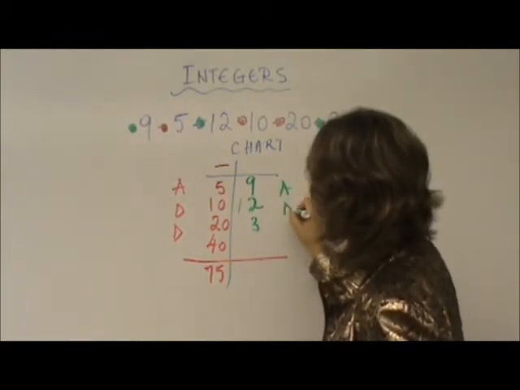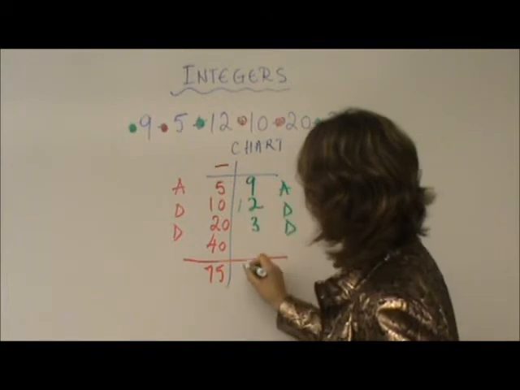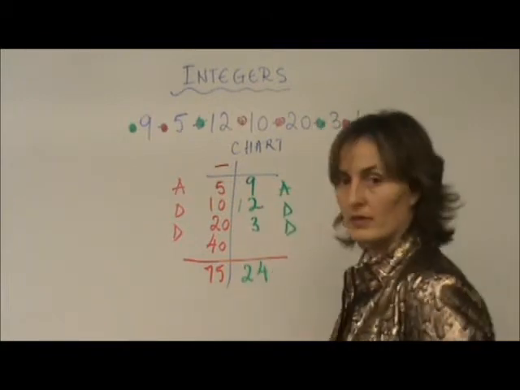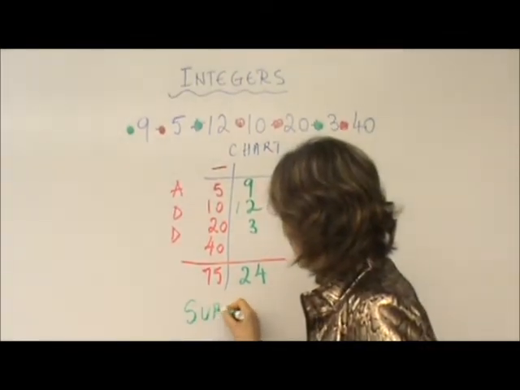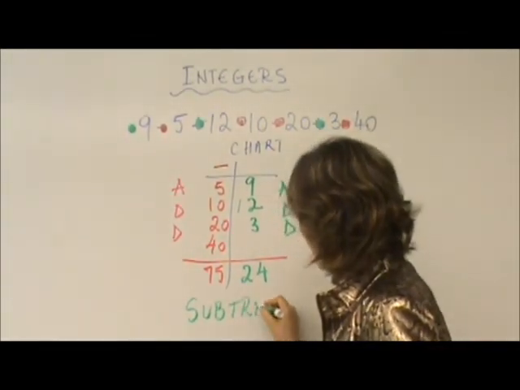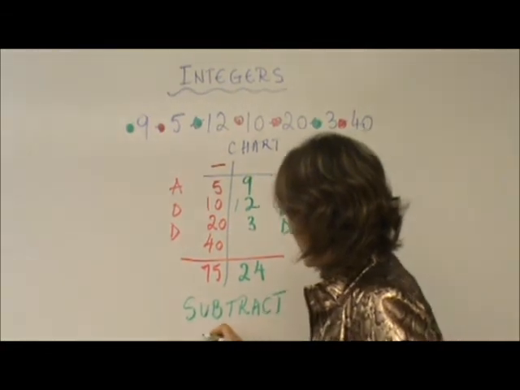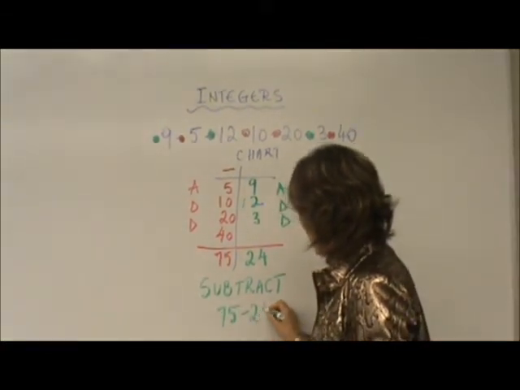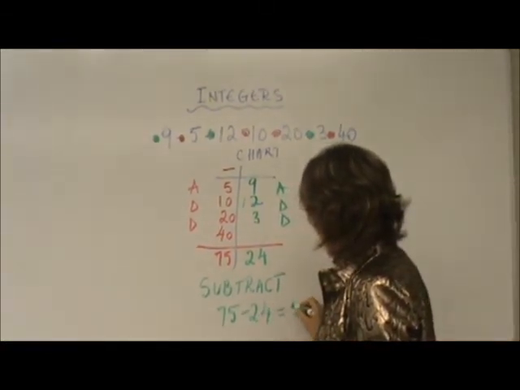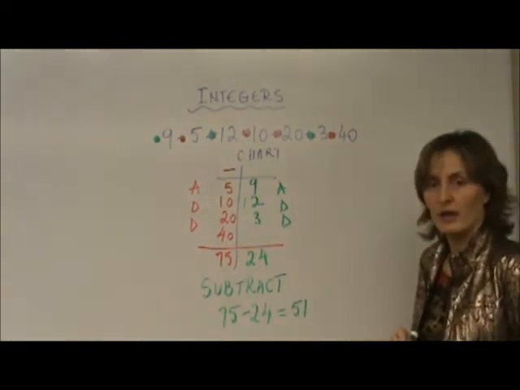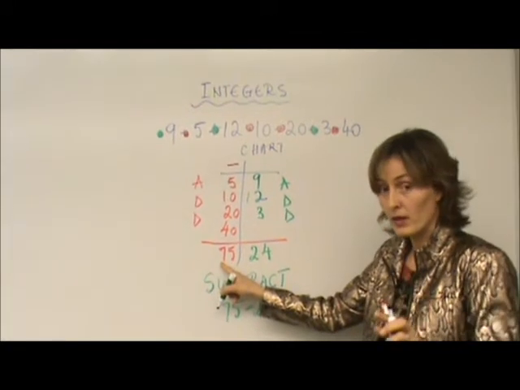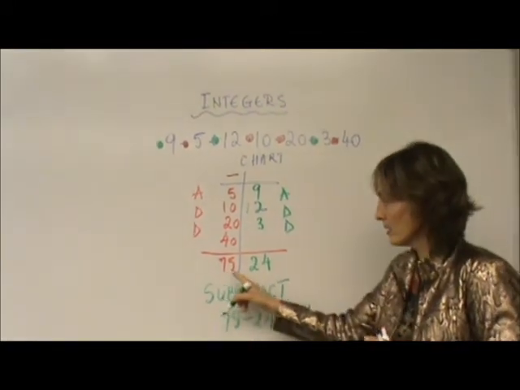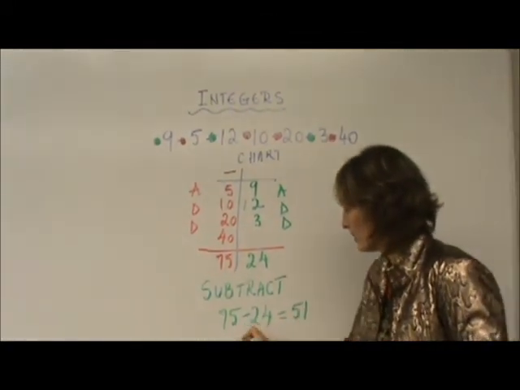I add them up, $21, $24. Great. Last operation always, subtract the smallest from the largest. 75 minus 24, that's 51. What sign? I spend more money than I have, then I'm in negative, and I'll be a negative 51.